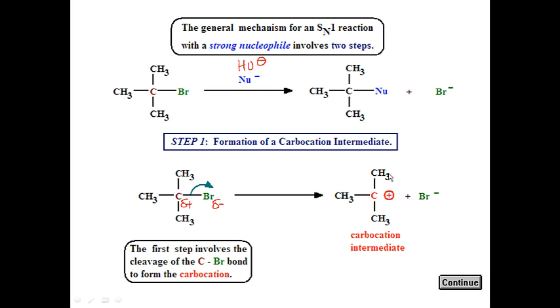Well, this carbon that has a positive charge is what's called a carbocation. A carbocation is also called a carbonium ion. But carbocations or carboniums are unstable species because they only have 6 valence electrons. They look surprisingly similar to another intermediate that we encountered recently, a radical.